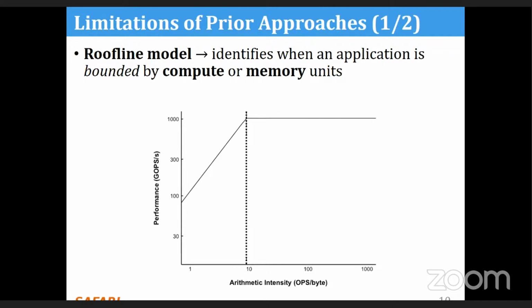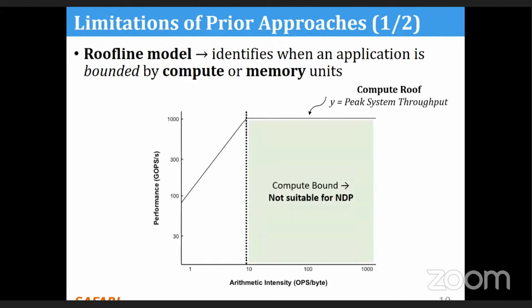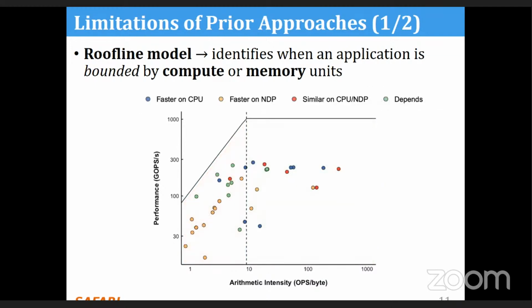For example, in the roofline model, you remember we have a memory bound area and a compute bound area. In principle, the assumption is that the compute bound area is not suitable for processing in memory or for near data processing, while the memory bound area is more suitable. But we did some analysis, and we studied many different workloads, all these different dots.